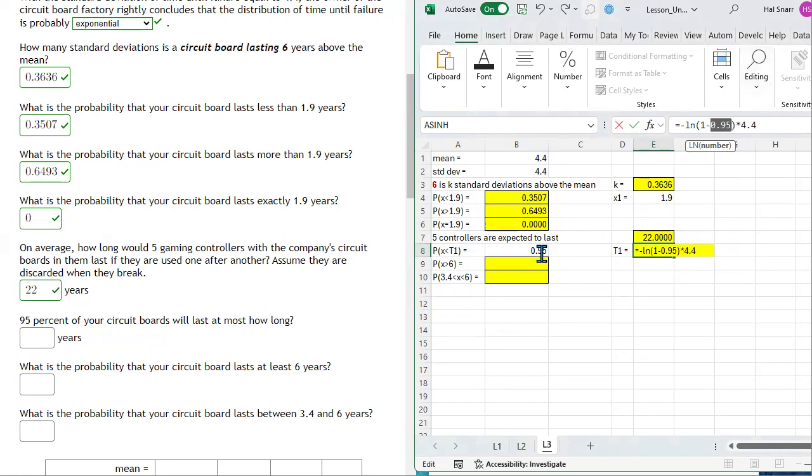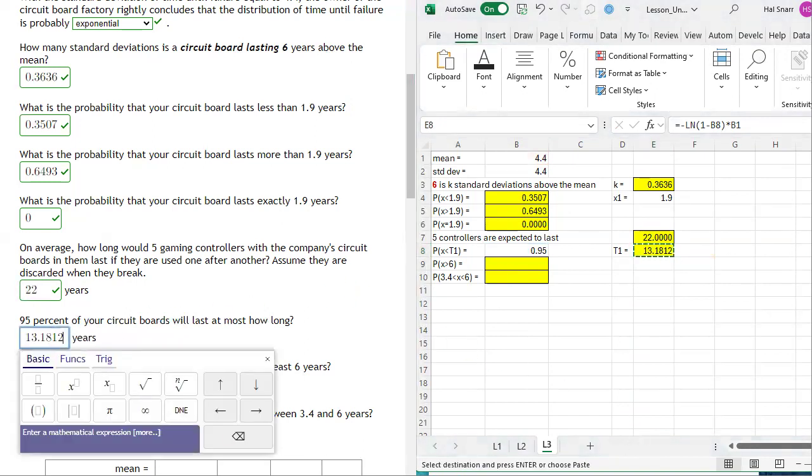So I'm going to change that. I'm going to click on this. Right, I want the 95th percentile. And this is our mean, 4.4, right? So again, this is equivalent to norm.inverse, parenthesis, we click on a probability value, comma, we click on the mean, comma, we click on the standard deviation, right? That's what this is equivalent to. And we get 13.1812.